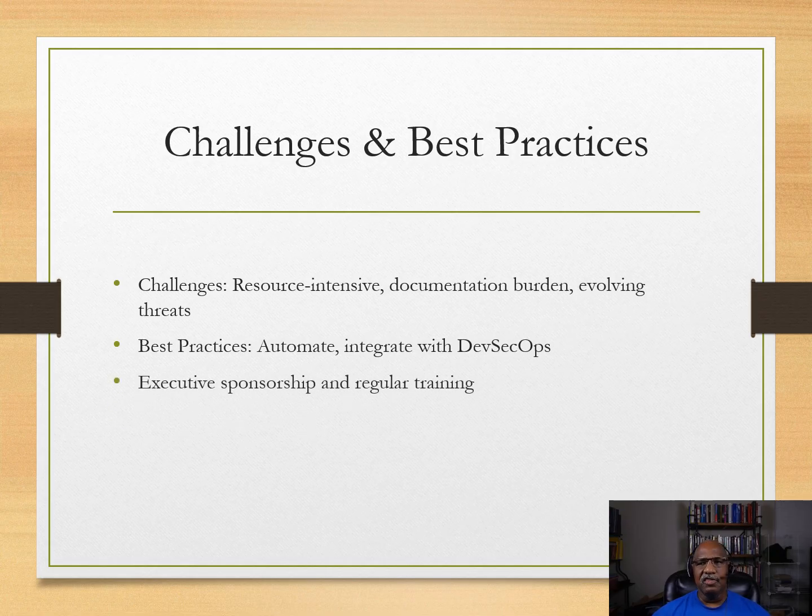Another thing that you would need in order to effectively implement the risk management framework is an executive sponsorship, and you're also going to need regular training so people understand what their roles are when it applies to the implementation of the risk management framework.